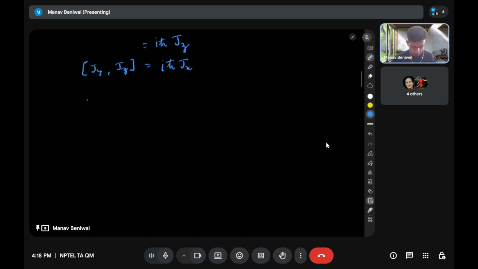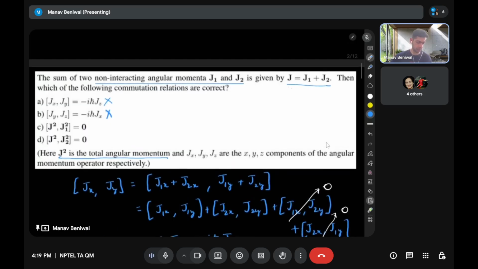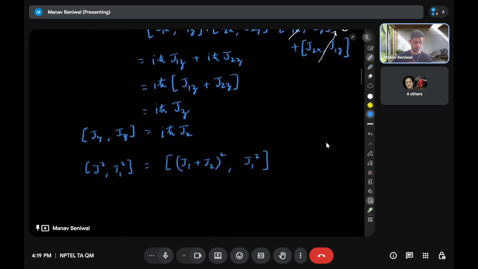The commutator j squared comma j1 squared, we can write this as j1 plus j2 squared comma j1 squared, right? Because this total angular momentum j is nothing but j1 plus j2, as given in the problem. J is j1 plus j2.